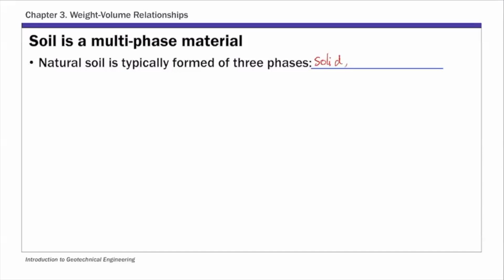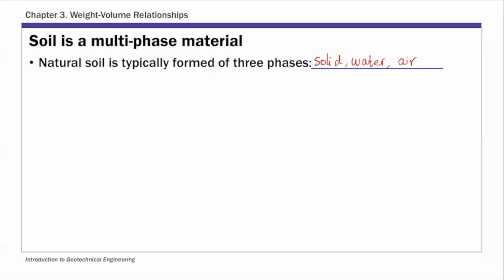So the second phase is water. And then the last phase is in between those voids, where the voids are not occupied by water, you have air. So the third phase is air. Natural soil typically consists of these 3 phases: solids, water, and air.